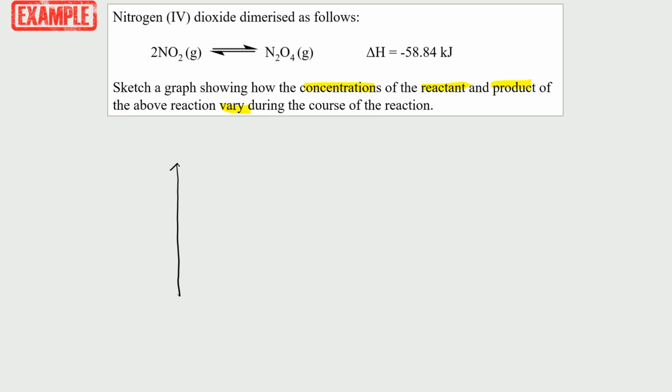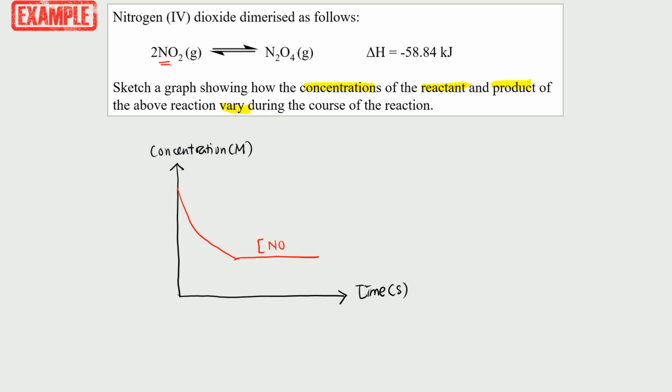So label the y-axis concentration, the unit should be molar, and the x-axis is time, usually in seconds. We know that the concentration of the reactant will decrease and then become constant, and label this as NO2.